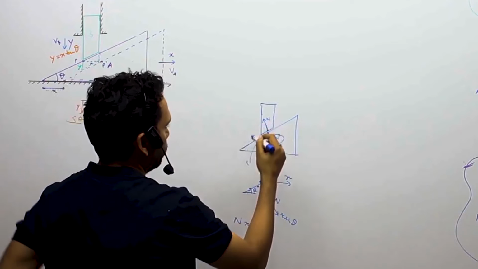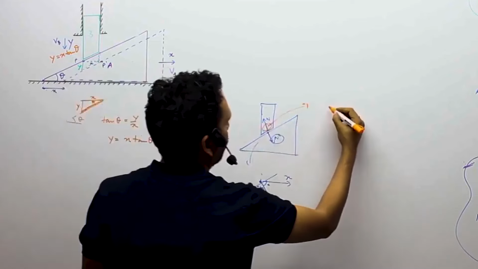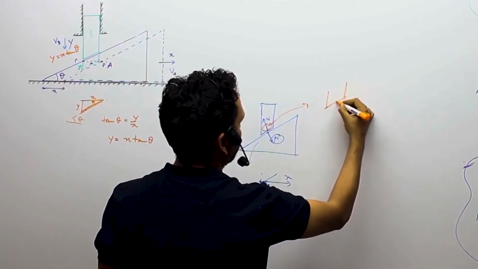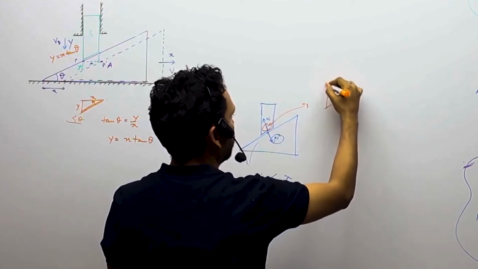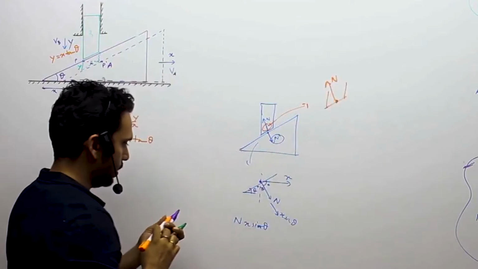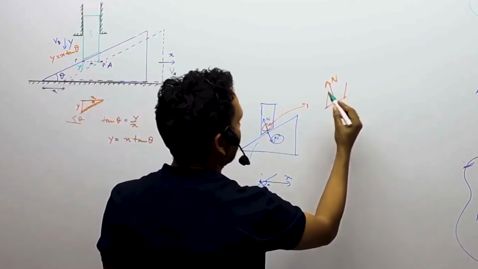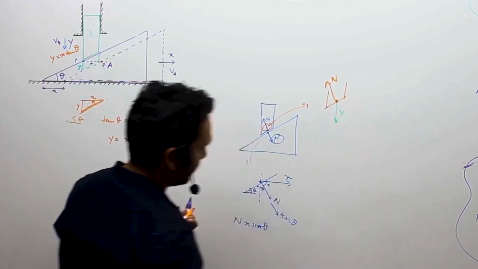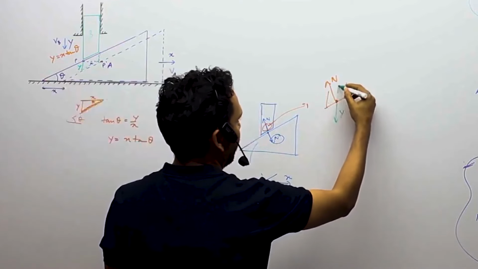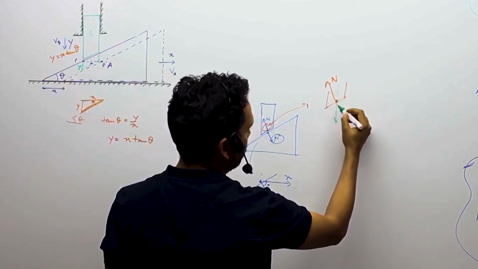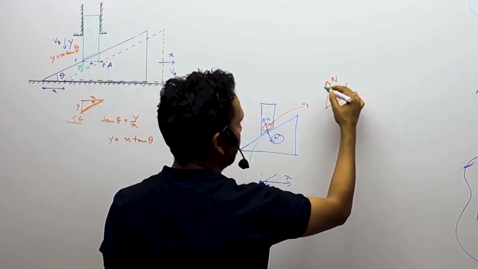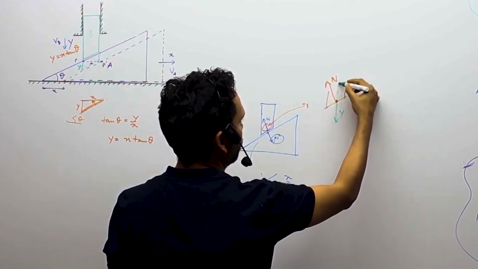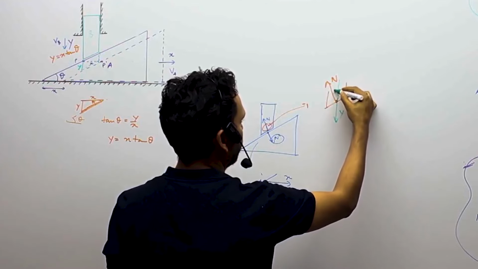Now for this body, that's the body, that's the point, that's the normal reaction, and we are saying that the body is going down by, say, y amount. Now again, let us get the angles clear, and how much is the y in the direction of N. So basically let me get this angle for you.